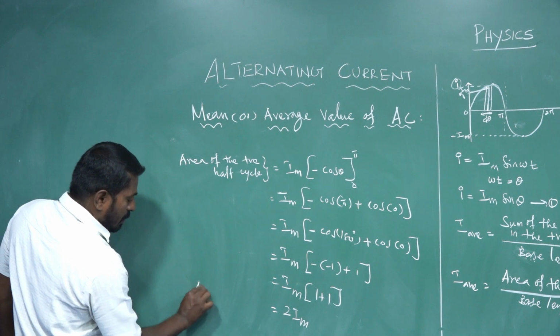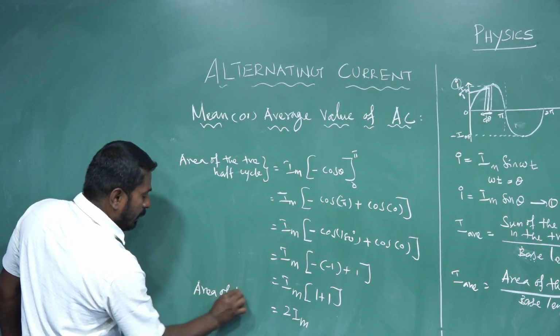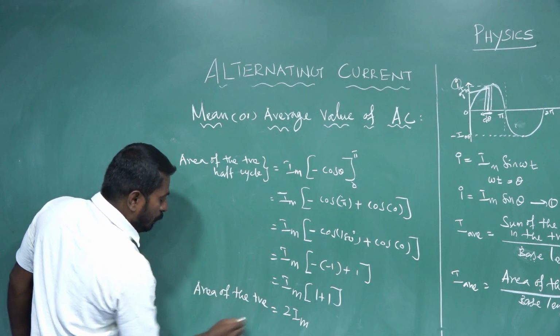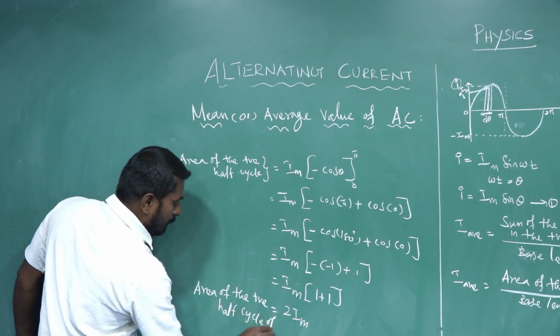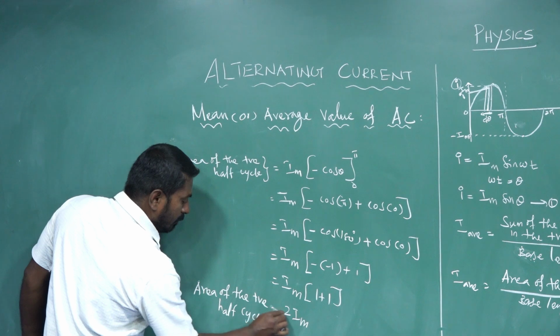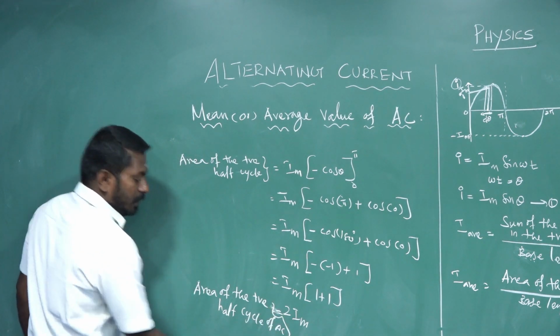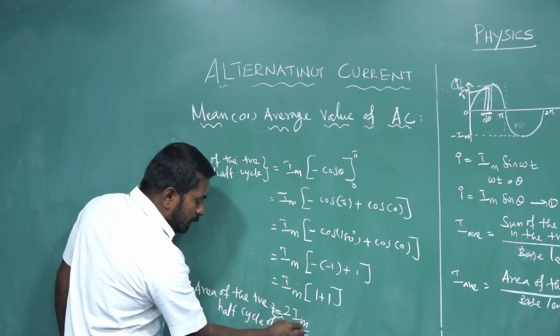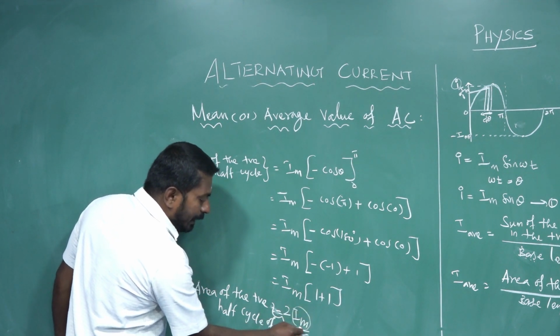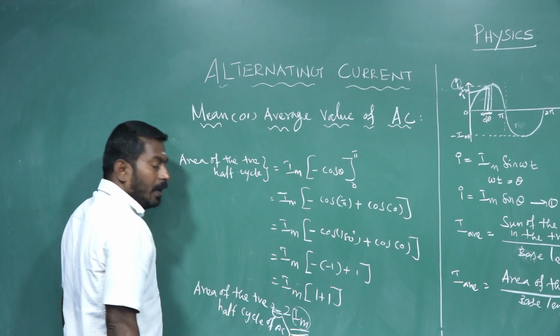So the area of the positive half cycle of AC is equal to 2 Im, that is 2 times the amplitude or peak value of alternating current.